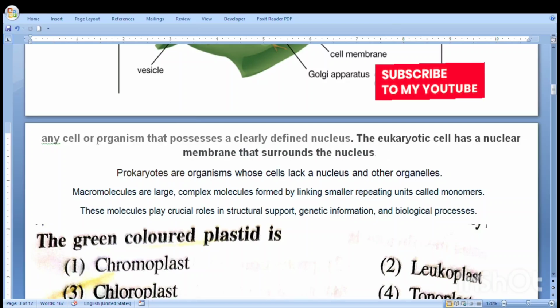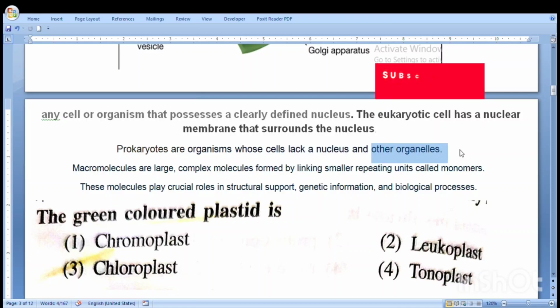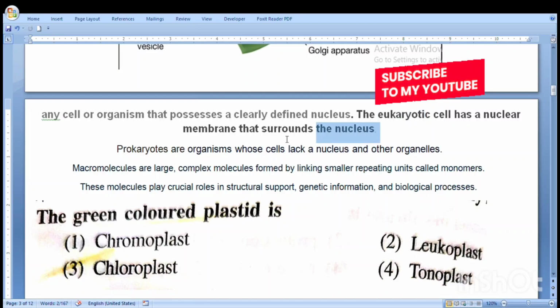In case of prokaryotes, the cells lack a nucleus and other organelles, but in eukaryotes the nucleus is present.